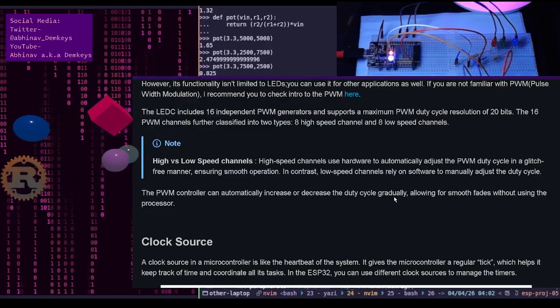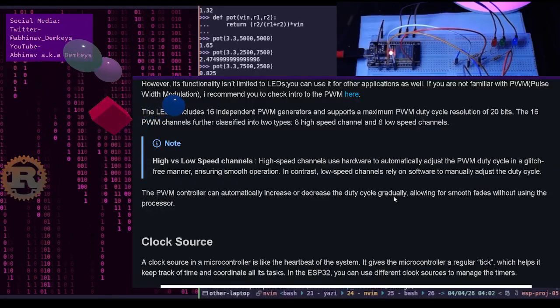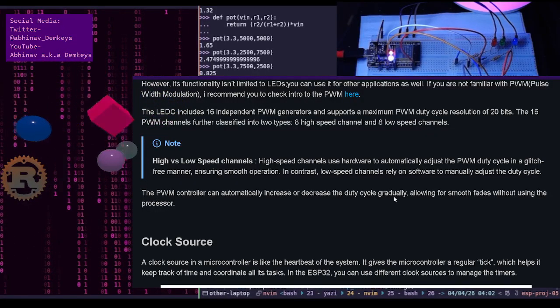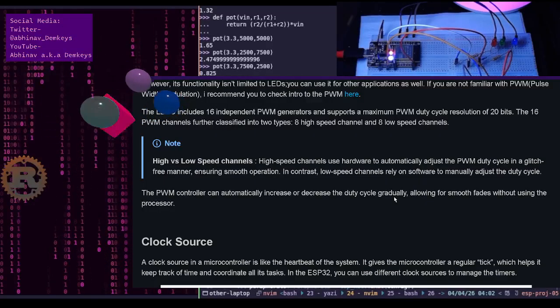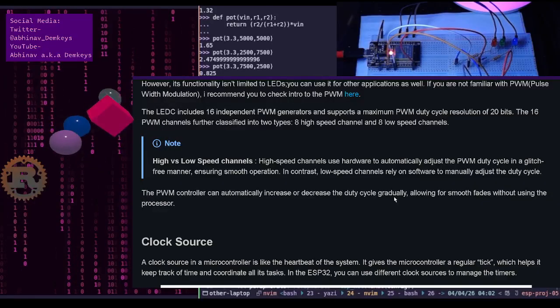The 16 PWM channels are further classified into two types: 8 high speed and 8 low speed channels. High speed versus low speed channels.